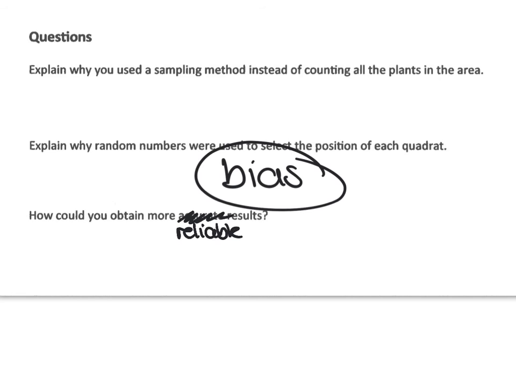Like count every 1 in 4 instead of random numbers. Count one, leave out 3, and count another one. So would you have more samples or fewer quadrats at the end? More, yep. The key thing is that you would use more quadrats. In other words, take more samples.